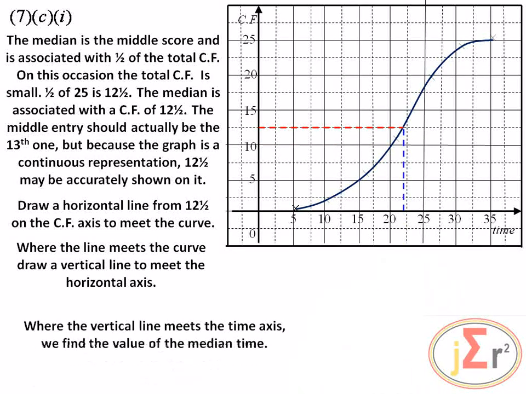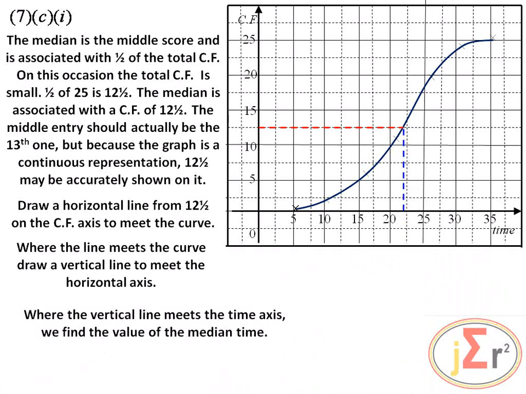Where the vertical line meets the time axis, we find the value of the median time. So we start off with half of the total cumulative frequency, go straight across and meet the curve, then go straight down, and that value is the median, 22 minutes.